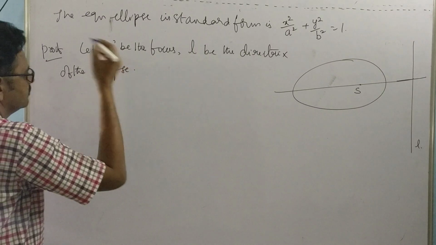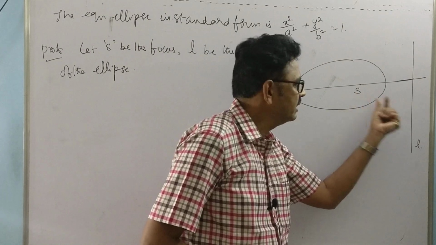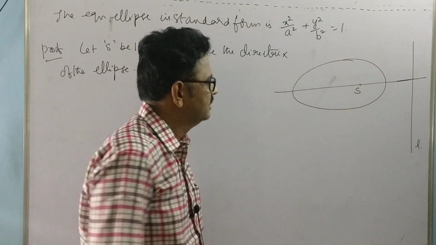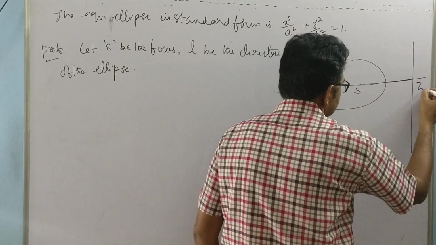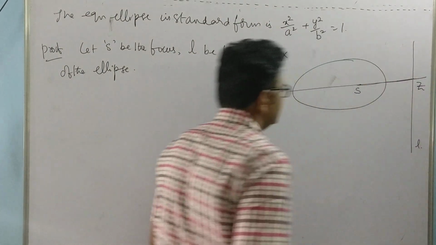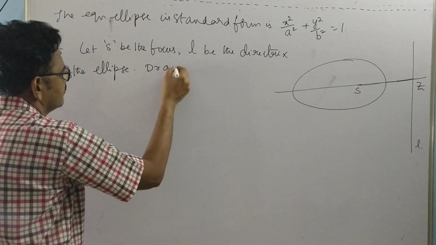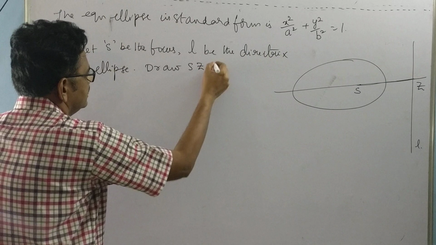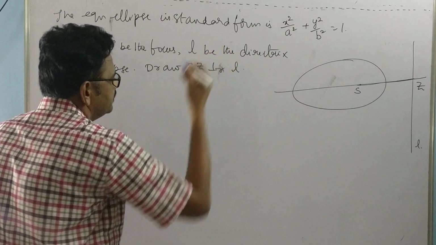Now draw SZ perpendicular to L, that means the directrix.